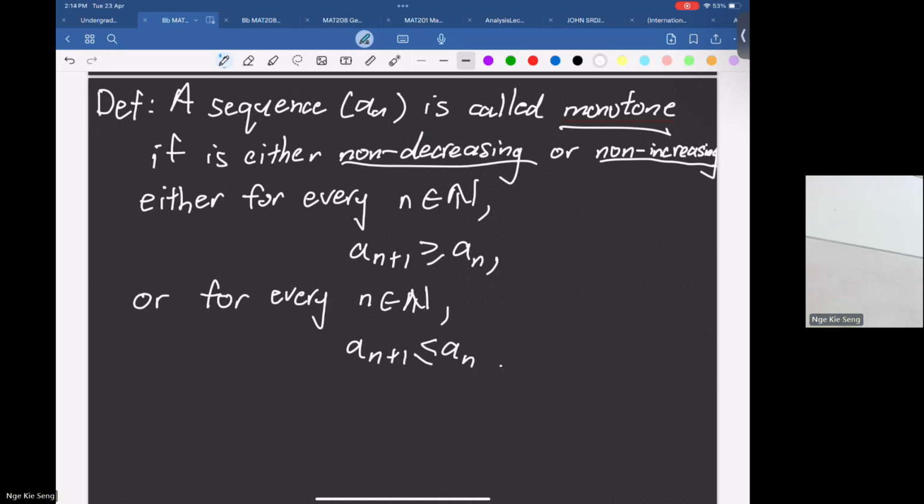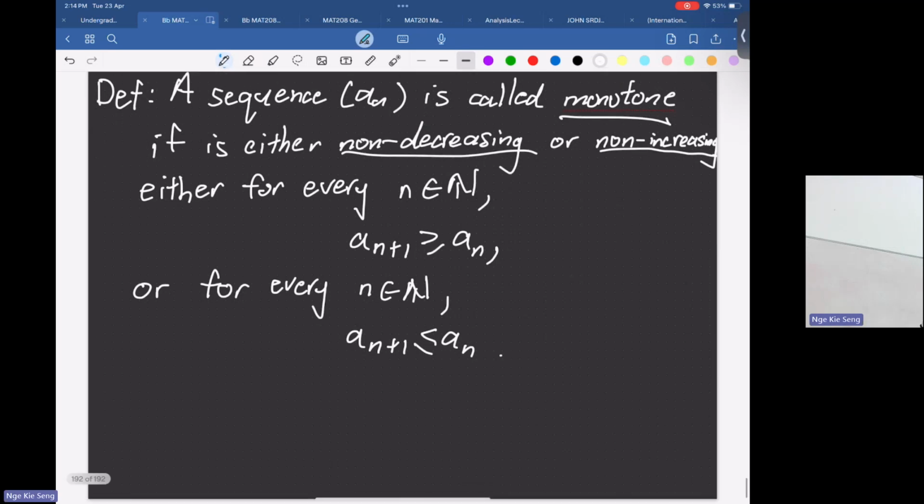And just now we spoke about bounded, right? So let's make boundedness precise. A sequence is called bounded above. So let me just define it like what we did for monotone.